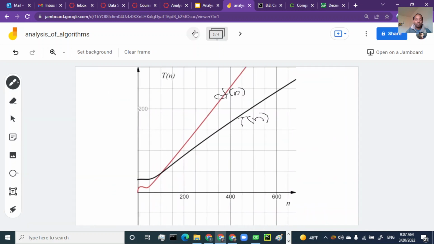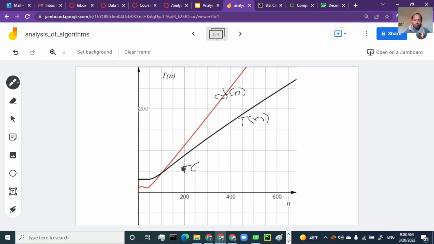So now we can see that, right? This is T(n) and this is c F(n), and this is the situation that we have. We say T(n) is in big O of F(n).